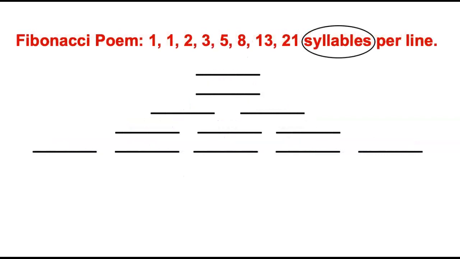But there's another way to do it. Another way to write a Fibonacci poem is rather than having each line associated with the number of words in the sequence, I could instead go with syllables and do it with the number of syllables per line associated with Fibonacci's sequence.